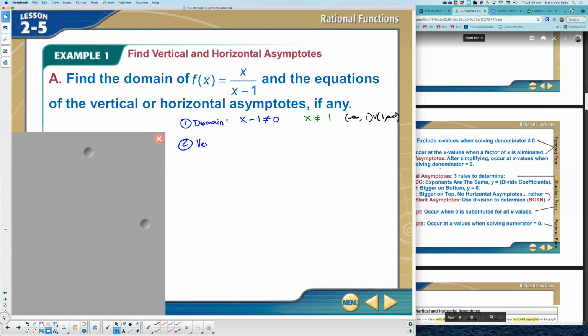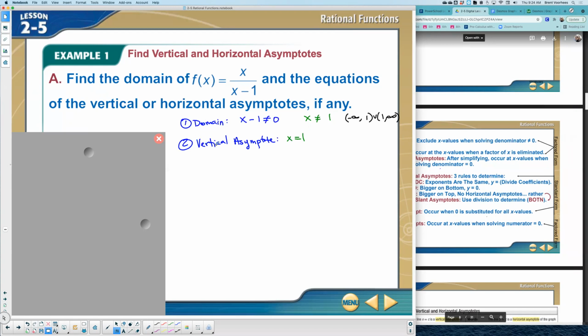So we have a vertical asymptote. Now check it out. These are solved the same way, but they're exactly the opposite. So instead of saying X does not equal 1, I'm going to say X equals 1. My asymptote is X equals 1. They're exactly the opposite.